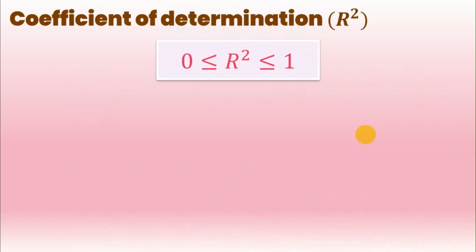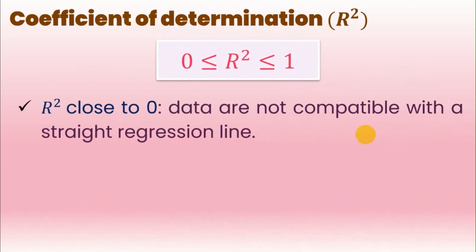We can see on the picture the square of R is from 0 to 1.